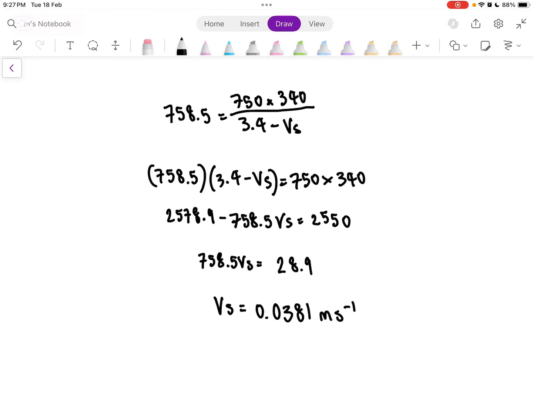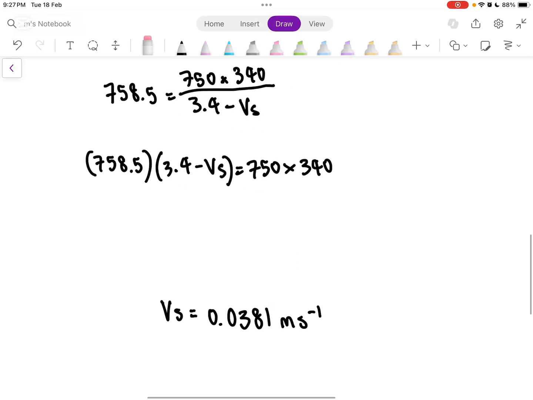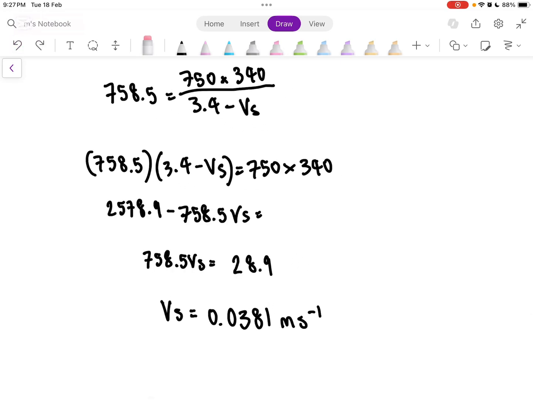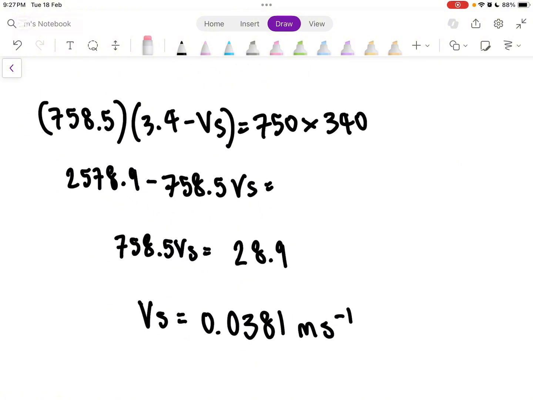Okay, I'll just redo this whole thing because I don't even know which number it was. Actually, no, I do know it was this one because it's at the very end. And then this is wrong. And that's wrong. Okay, so it's actually 750 times 340.